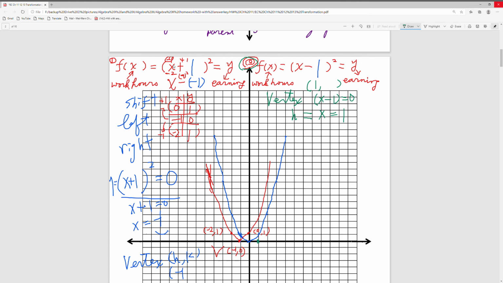And when h equals 1, in this case, y is 0. So you have 1, 0 for the vertex. And the same thing, you plus 1 and minus 1.